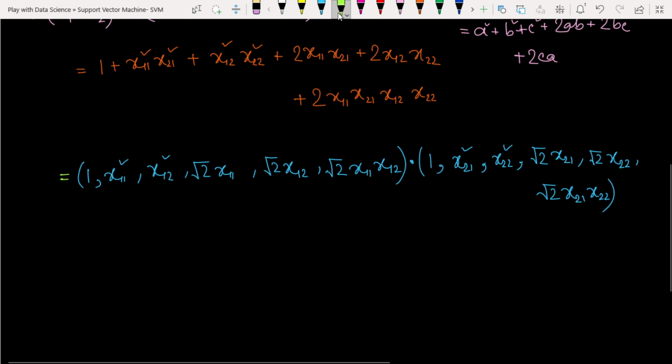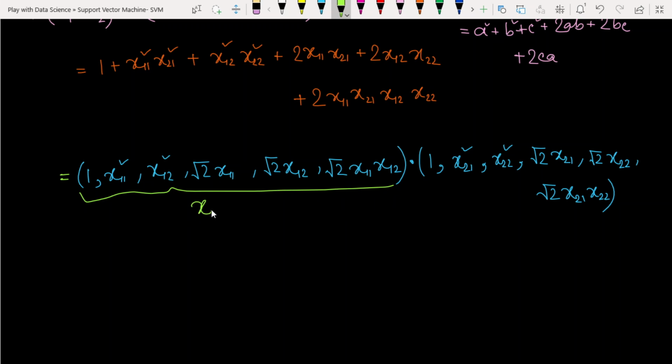If you recall this vector as x1 dash, and if you recall this vector as x2 dash, simply we recall this vector x1 dash and x2 dash.